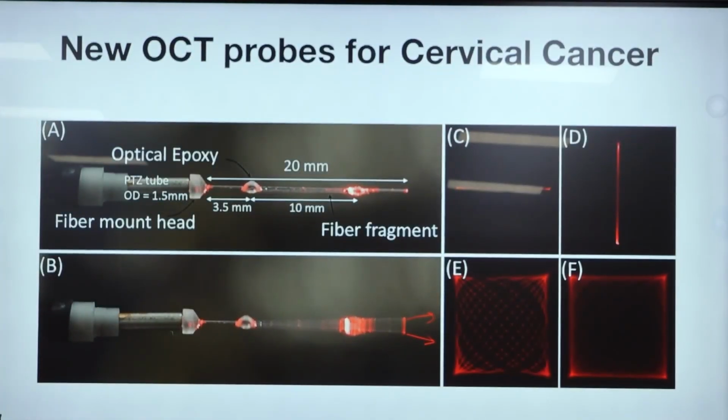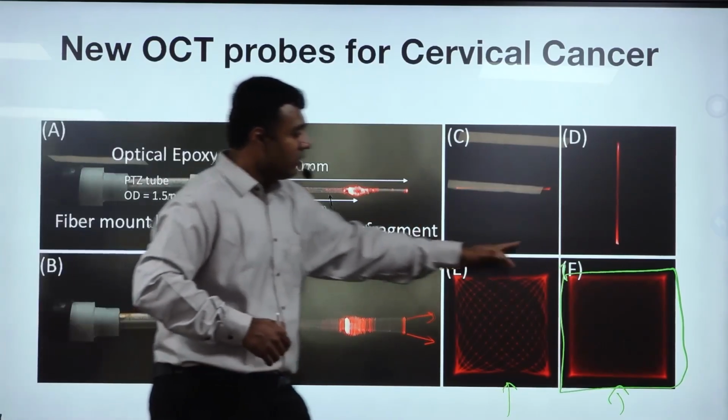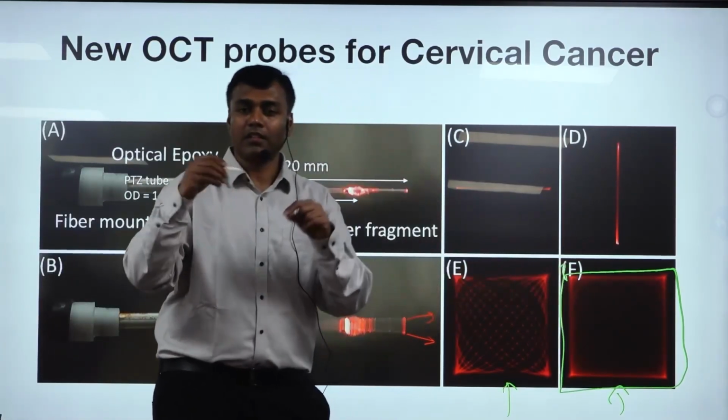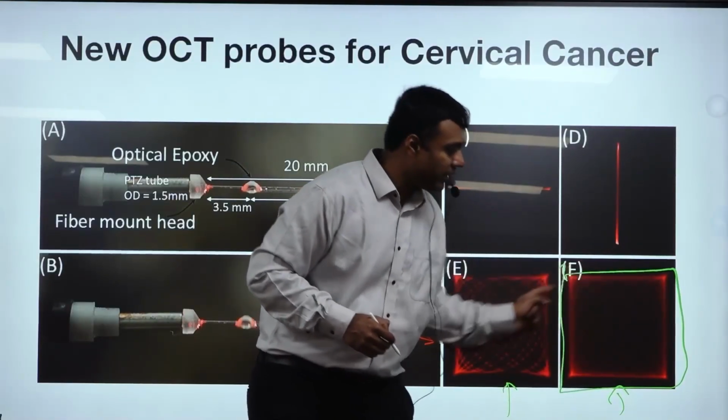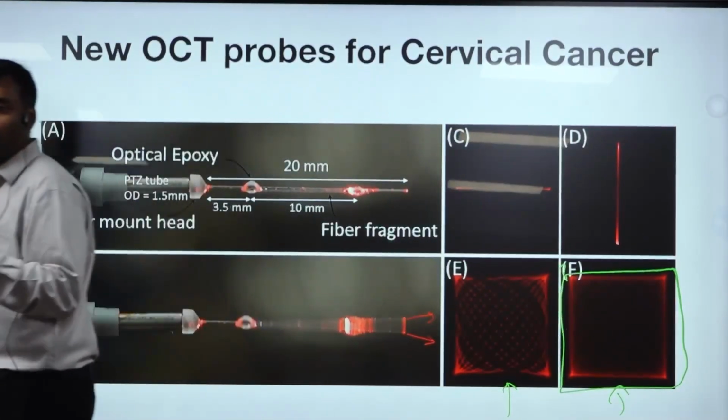Another big advantage of this Lissajous pattern is that you can choose the frequency difference and you can choose different patterns. After a certain amount of time, it would fully scan and cover the entire field of view.